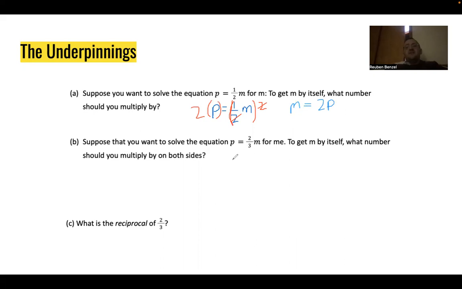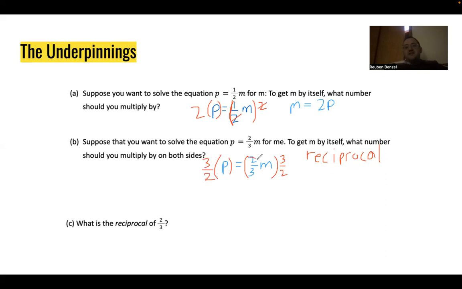Then in part B, I'm going to make something a little bit more complicated. So it's P equals 2/3 M. And I'm going to ask myself, how can I get M by itself? There's this property that says that if you multiply a fraction by its reciprocal, you can get the variable by itself.